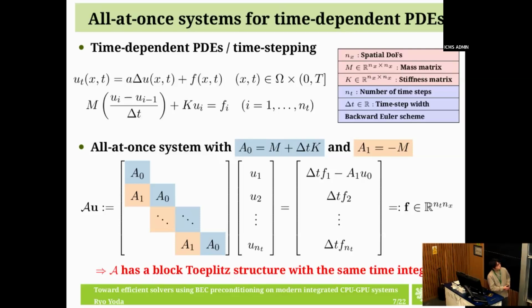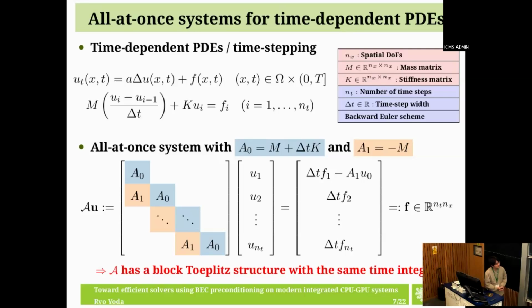Then after discretization of the governing equations, we can get the one-time-step equations as follows. And of course, the all-at-once approach can construct the space-time global system using one sequential time stepping method.